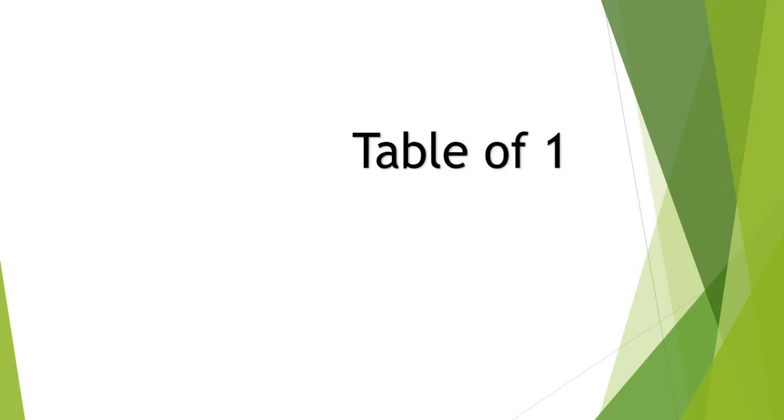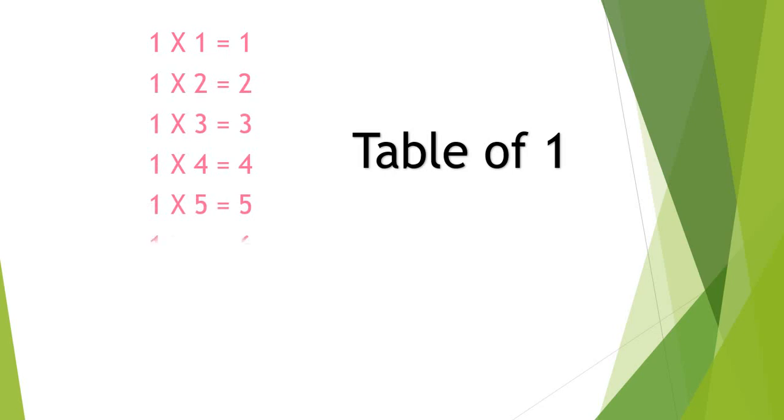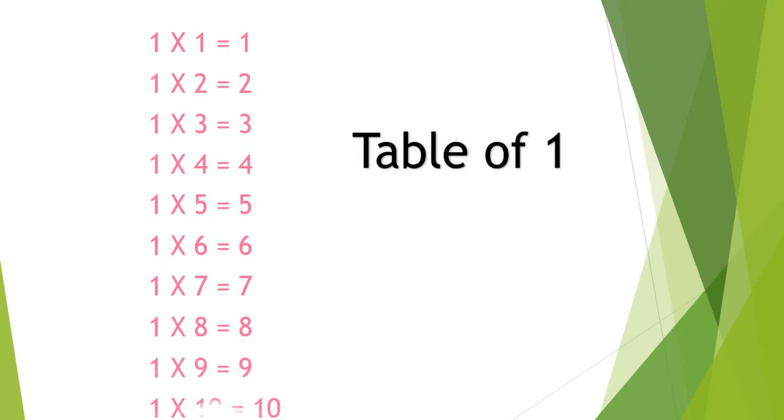First have a look on the table of 1. 1 1s 1, 1 2s 2, 1 3s 3, 1 4s 4, 1 5s 5, 1 6s 6, 1 7s 7, 1 8s 8, 1 9s 9 and 1 10s 10. In this table we can see that the answer stays the same as the other number.